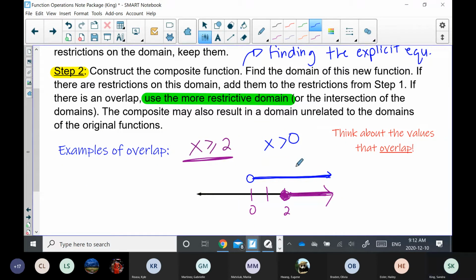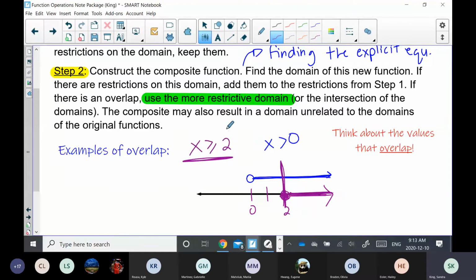What it says is use the more restrictive domain. What you want to think about is, where do these values overlap? Where does this overlap with this? The pieces overlap right here, and that is where the overlap occurs.